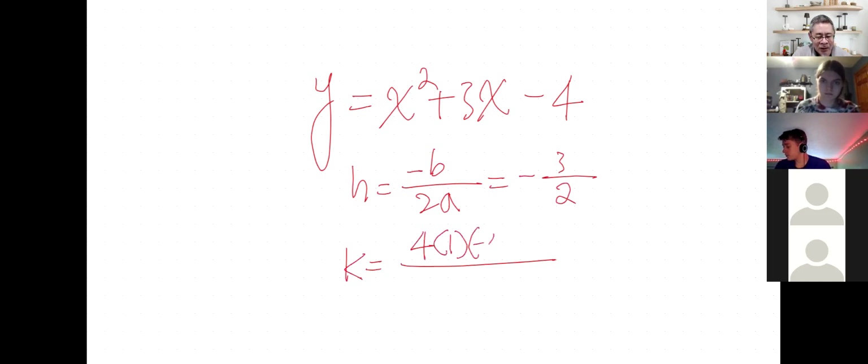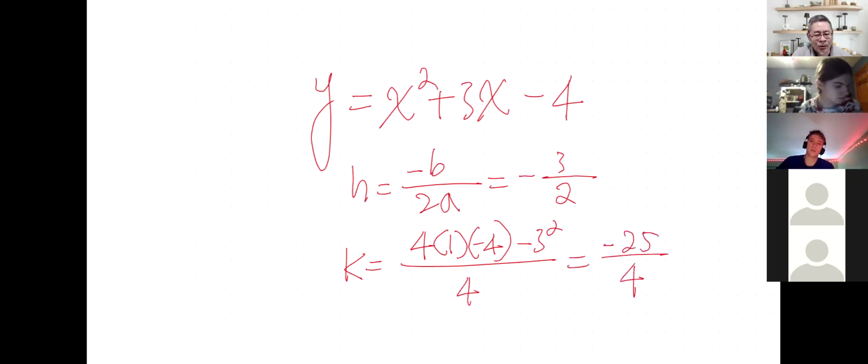Like early on, this is 3 squared, then we got 4 on the bottom. So we got negative 25 over 4.